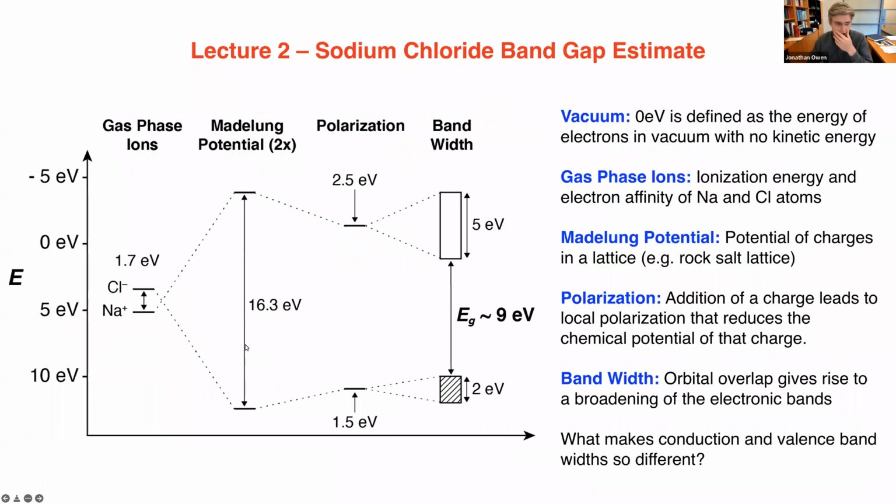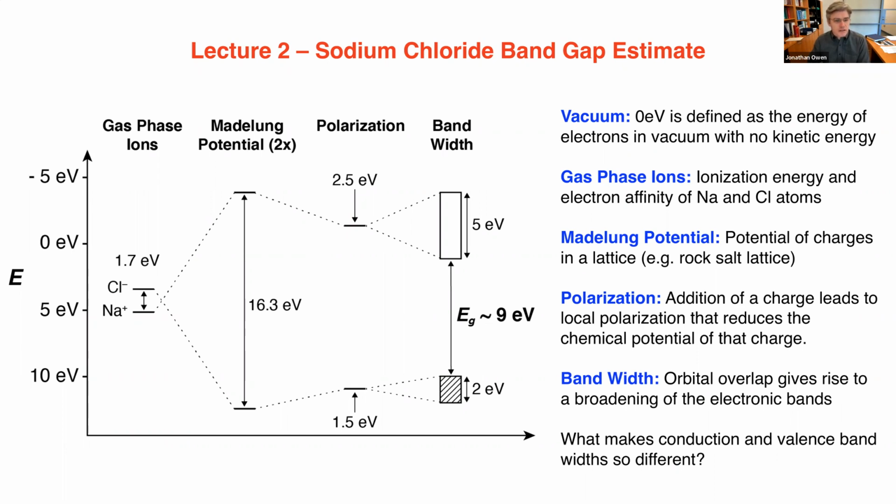We looked at how that plays out in a thermochemical cycle using the example of sodium chloride. Remember, it's actually uphill to generate two ions in the gas phase, even when those ions are sodium plus and chloride minus. That electron transfer is uphill by 1.7 eV. That's a lot of energy. Really, the energy for making sodium chloride comes from the Madelung potential.